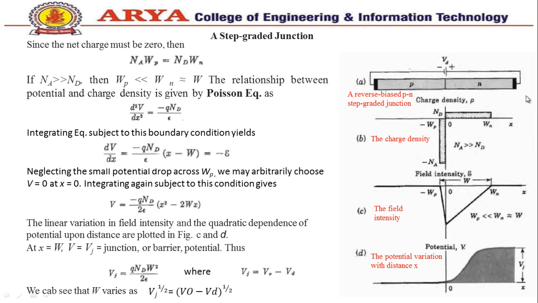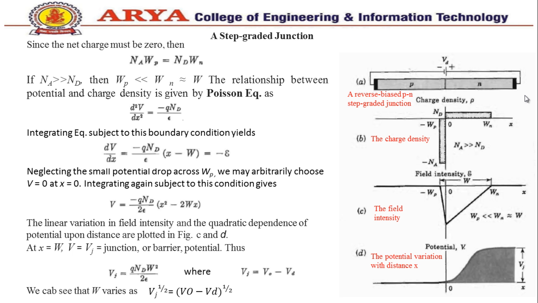Such a junction is formed experimentally, for example, by placing indium, which is trivalent, against n-type germanium and heating the combination to a high temperature for a short time. Some of the indium dissolves into the germanium to change the germanium from N to P type at the junction. Such a step graded junction is called an alloy or fusion junction.